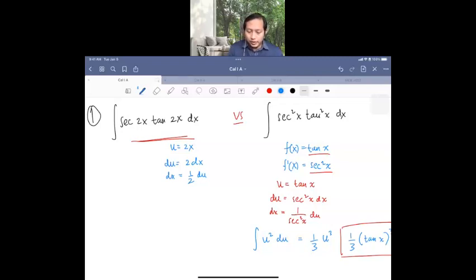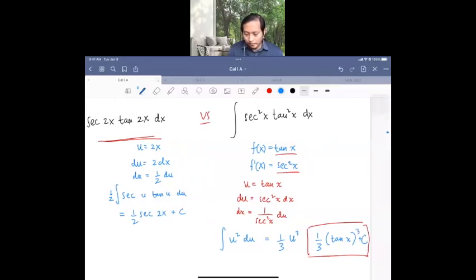Now, if we look at the equation, we can have secant u, tangent u, du, and then half. So we will have the integral of secant x tangent x is secant, right? So this will be half secant u. U is 2x, so half secant 2x plus c.